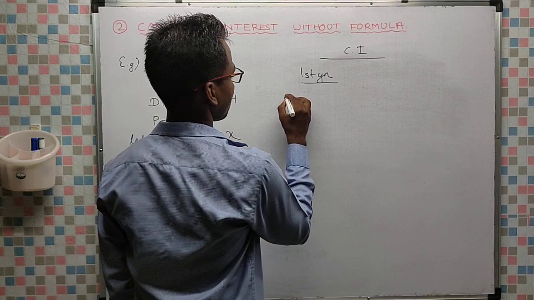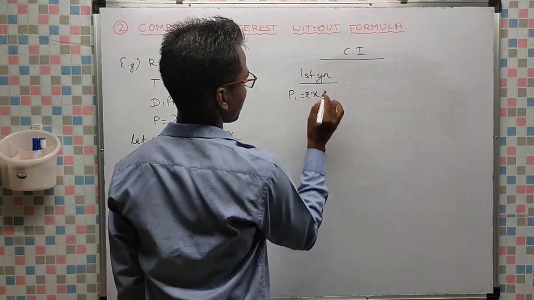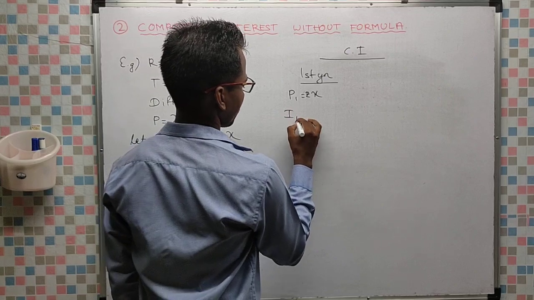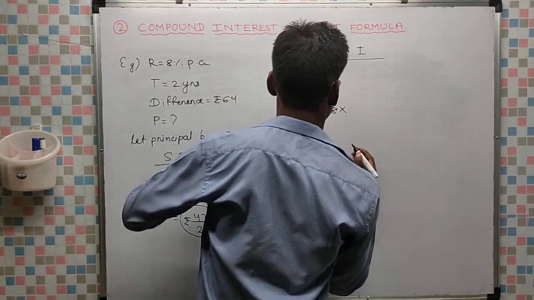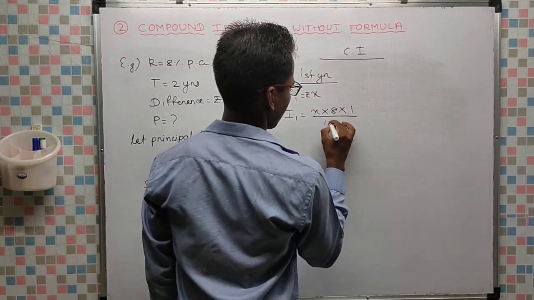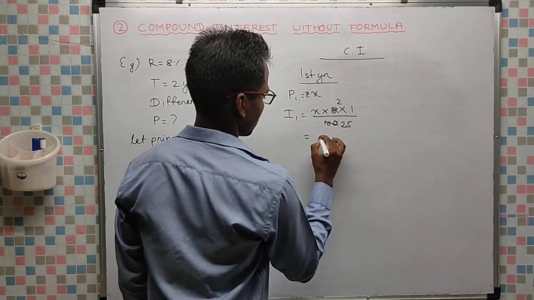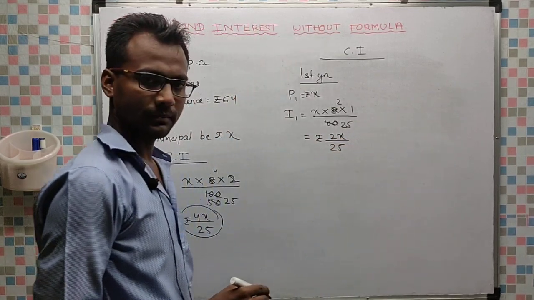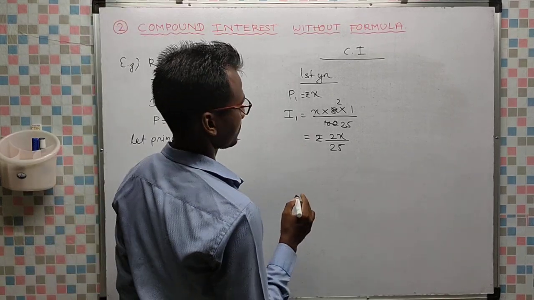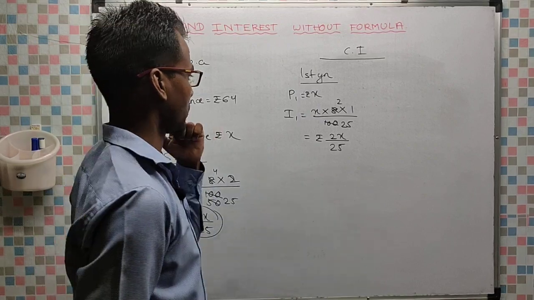Let us find I1. I1 is equal to principal into rate into time by 100, which is 8x by 100, so rupees 2x by 25.